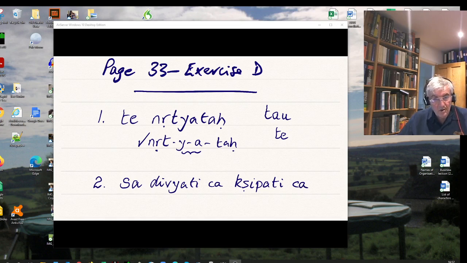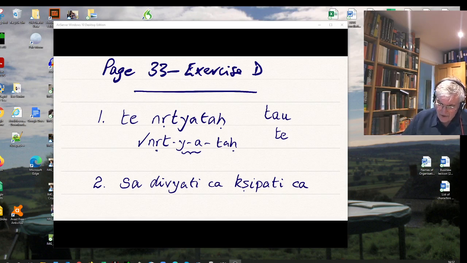Cha and cha, you could leave out the first one, sadivyati kshipaticha, or you can put them both in. It makes absolutely no difference to the meaning. Both are equally correct. So this has to be he, it's the sa, divyaticha kshipaticha. He's playing and throwing.